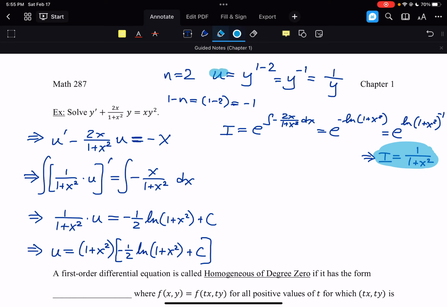So we go back up here, and we saw that u is equal to 1 over y up here. So in other words, we just need to take the reciprocal of this. So y is 1 over u, right? Because u is 1 over y, so they're just reciprocals of each other. So it really is just 1 over all of this.